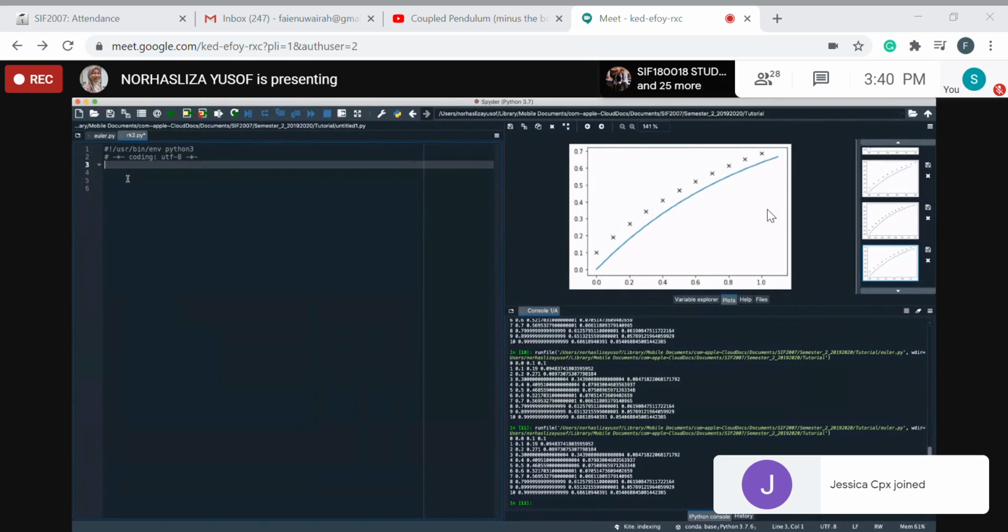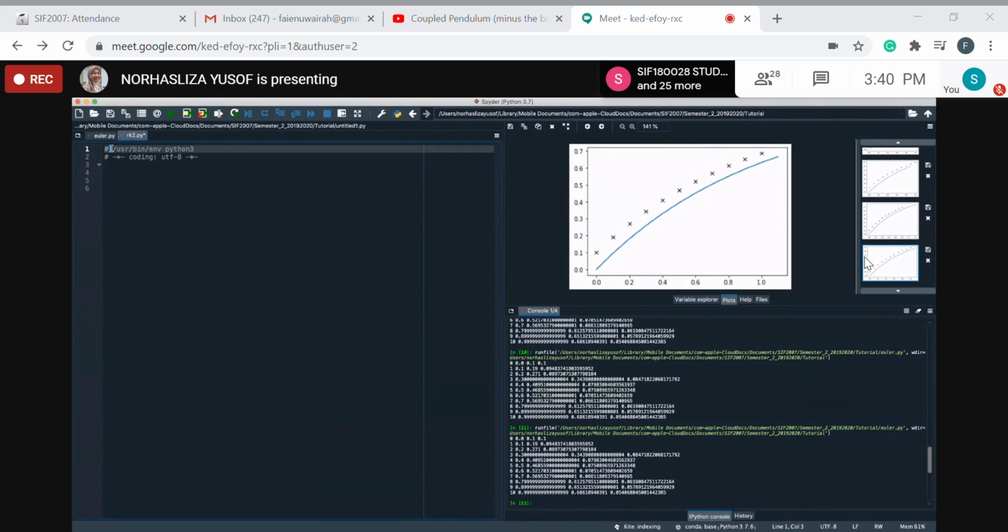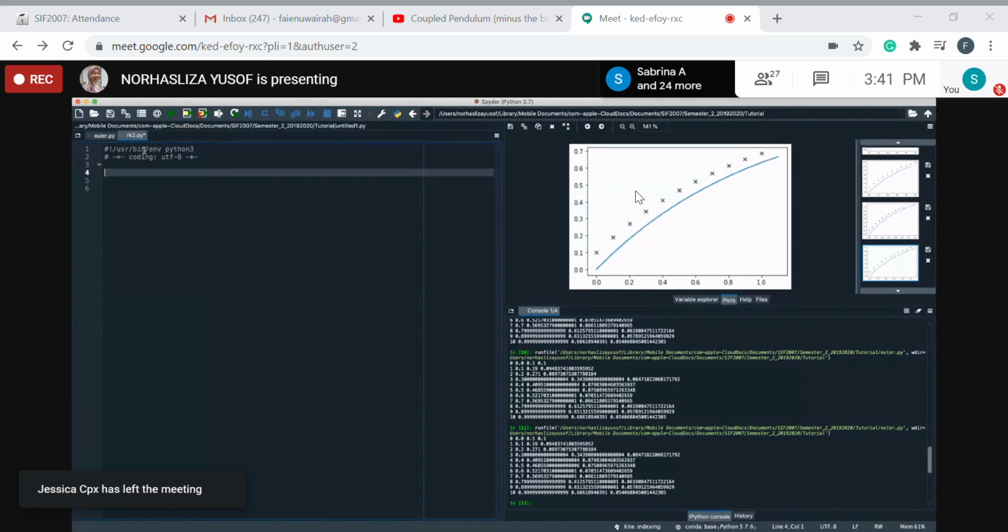When you install something, for example some code, you can see here we have this kind of comment. What does this comment mean? This comment means that your Python is installed at this particular path. This is what we call the path. It means that your Python 3 is installed in the usr bin environment.